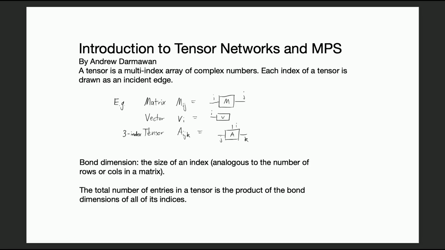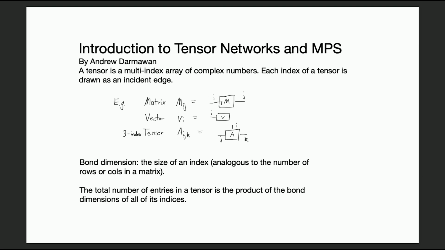Okay, so firstly, what is a tensor? A tensor is just a multi-index array of complex numbers. Maybe the most familiar type of tensor would be something like a matrix. A matrix is a tensor with two indices. The way you draw it in this tensor network graphical representation is as a box with a leg for each index.